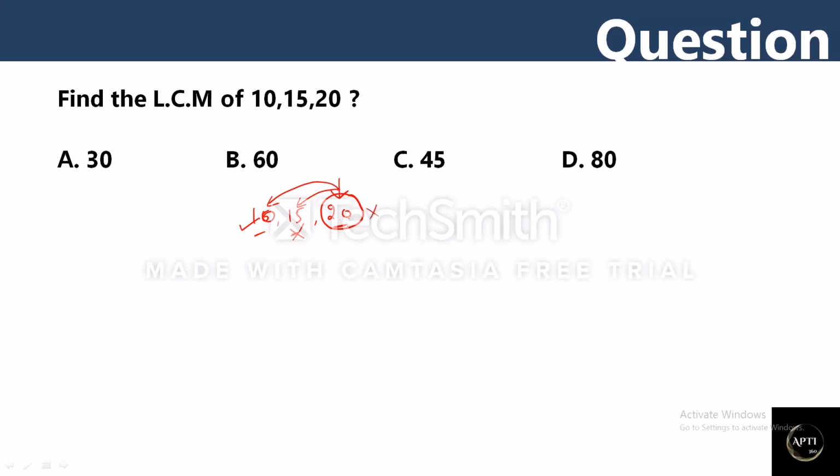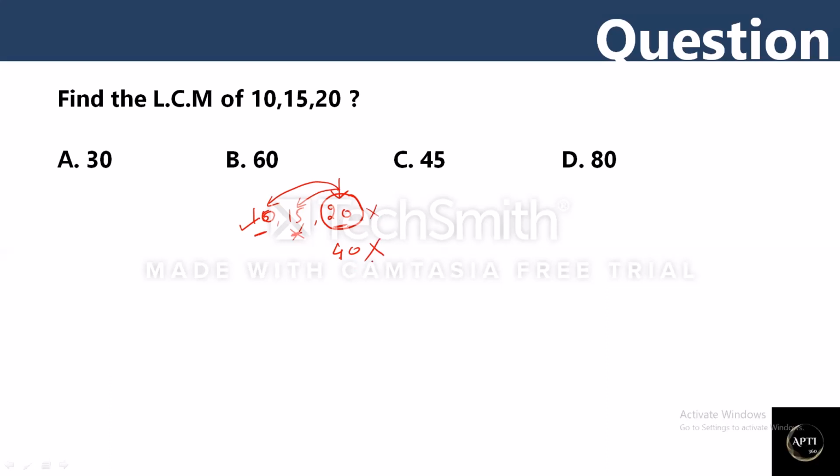So what is the next multiple of 20? I already said that the answer will be either the highest number in the list or a multiple of the highest number. 2 times 20 is 40, so we need to check with 40 now. Again, 40 is exactly divisible by 10, but 40 is not exactly divisible by 15, so 40 is not my LCM.